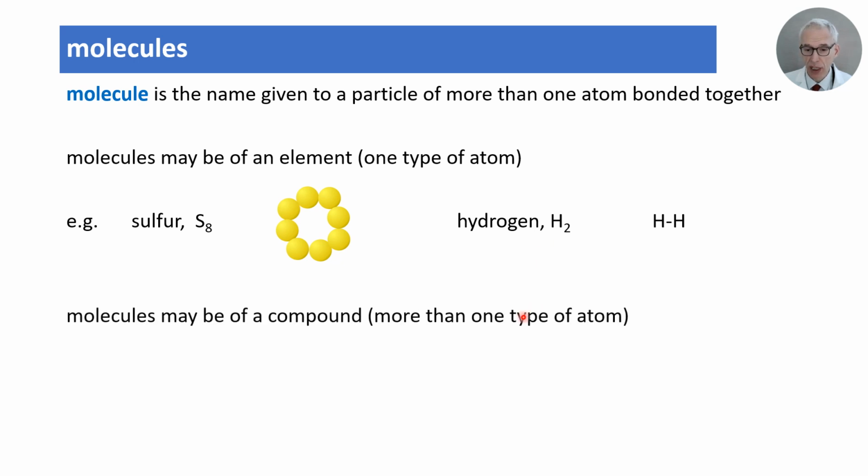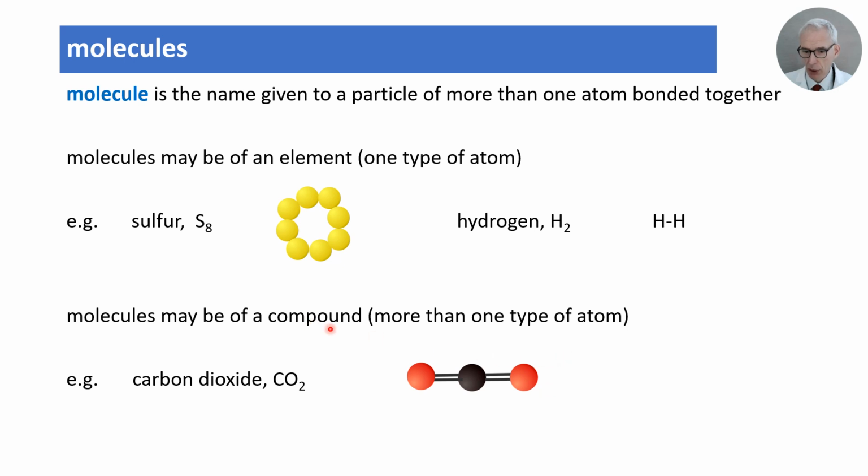We can also apply the idea to compounds. So carbon dioxide contains carbon and oxygen, so it's more than 1 type of atom. And we have a molecule of carbon dioxide, 1 carbon bonded to 2 oxygens. So that's a molecule of carbon dioxide.